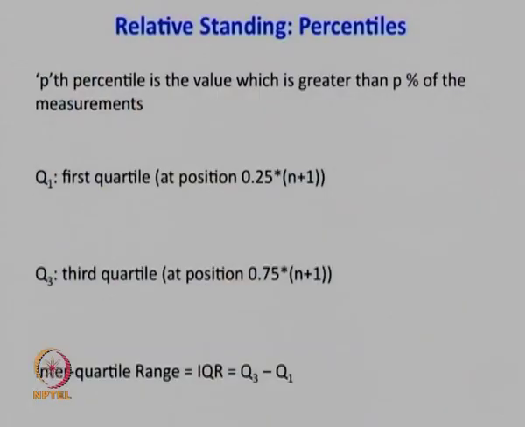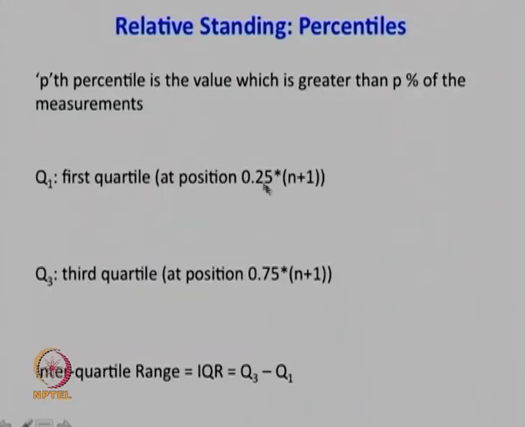Another important metric which is widely used is the concept of relative standing or percentiles, right. So, the definition of a percentile is as follows: a pth percentile is the value which is greater than p% of the measurements. Okay. So, based on that, you can have the first quartile which is at position 25%.